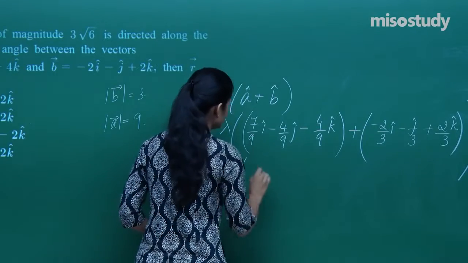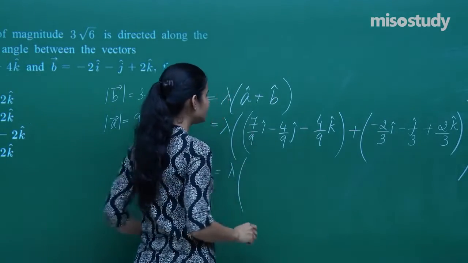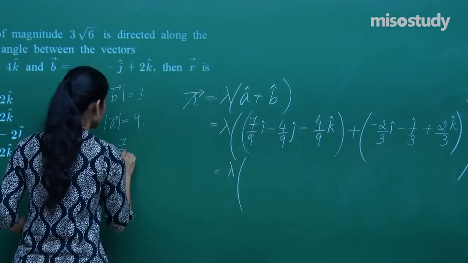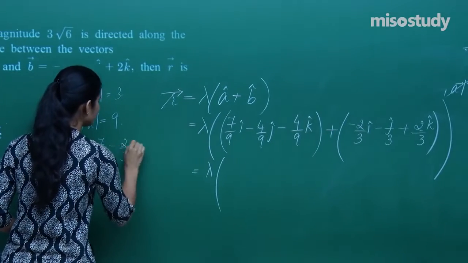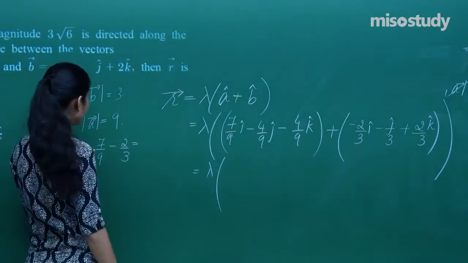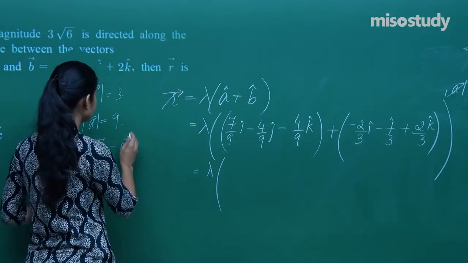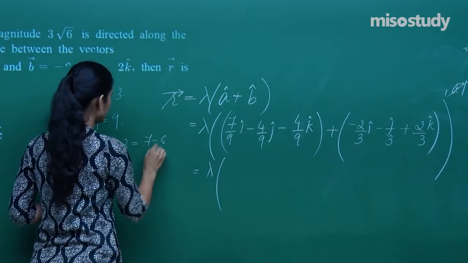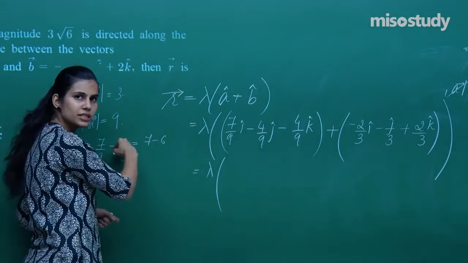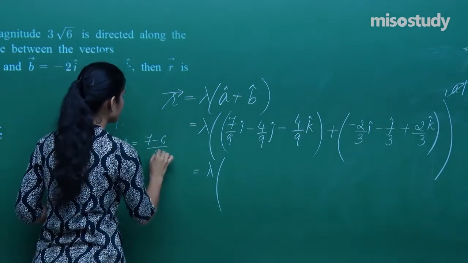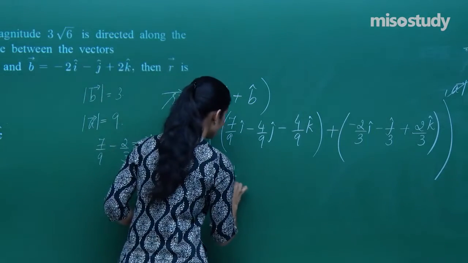Now you have 7 by 9 minus 2 by 3. See, 7 by 9 minus 2 by 3 will be 7 minus 6. Why? 3 into 3 is 9, 2 into 3 is 6. So 7 minus 6 upon 9, which is 1 upon 9.